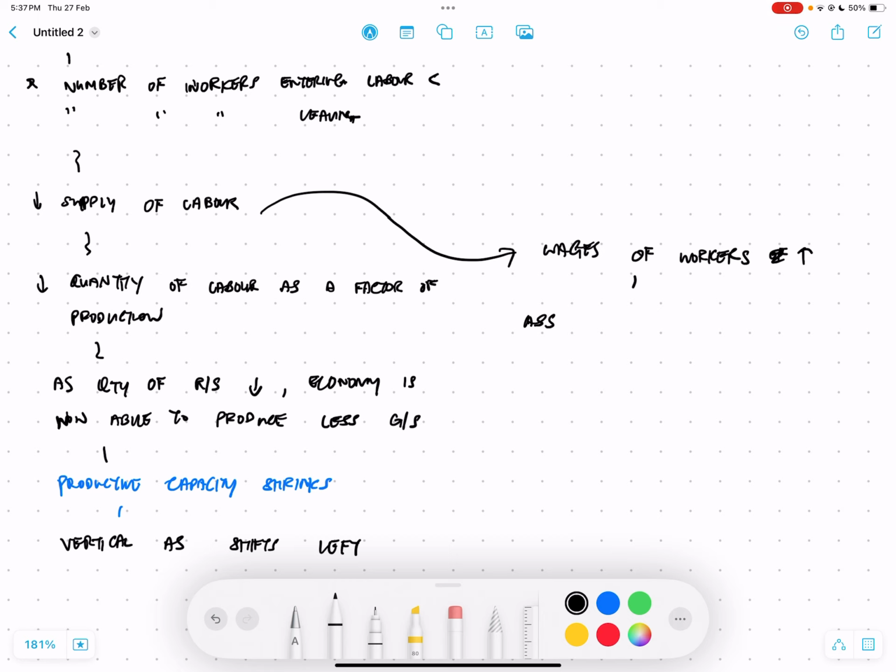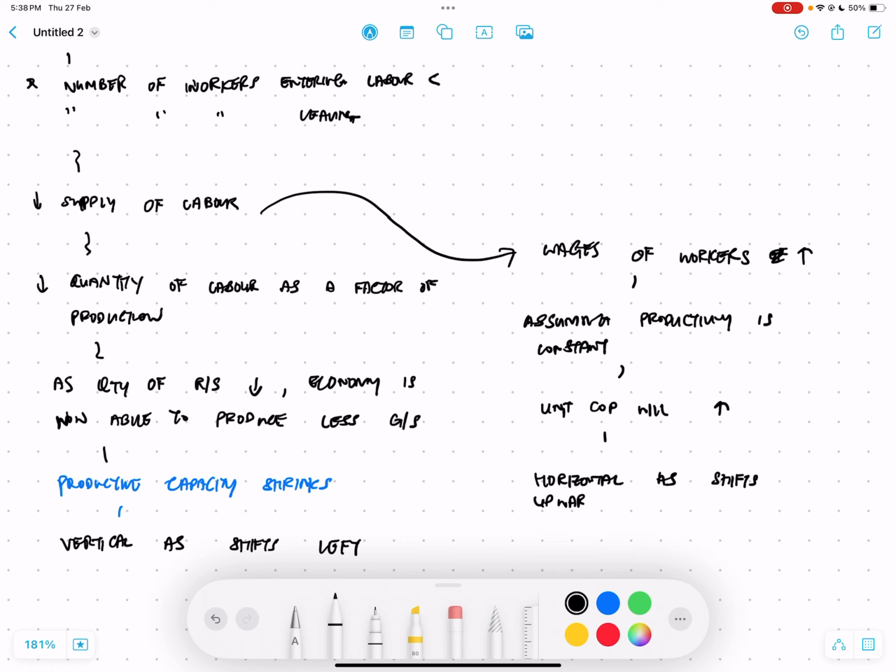Now we're going to assume critically that labor productivity remains constant, then the unit cost of production will increase. So the unit cost of production increases, then the horizontal AS shifts upwards.